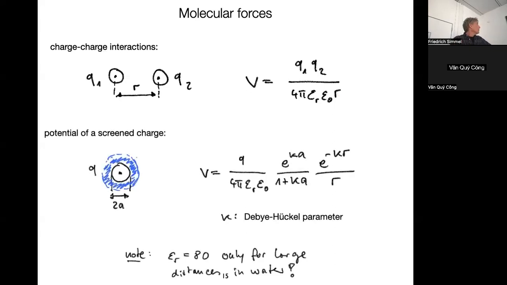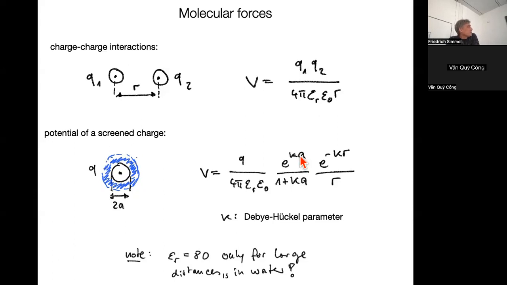Now in biology, we always work in salt solutions, and it turns out that under such conditions a charge is screened by other charges and also by dipoles and so on. A screened Coulomb potential doesn't look like this, but it looks like this for a point charge, and like this for a sphere with a radius a.